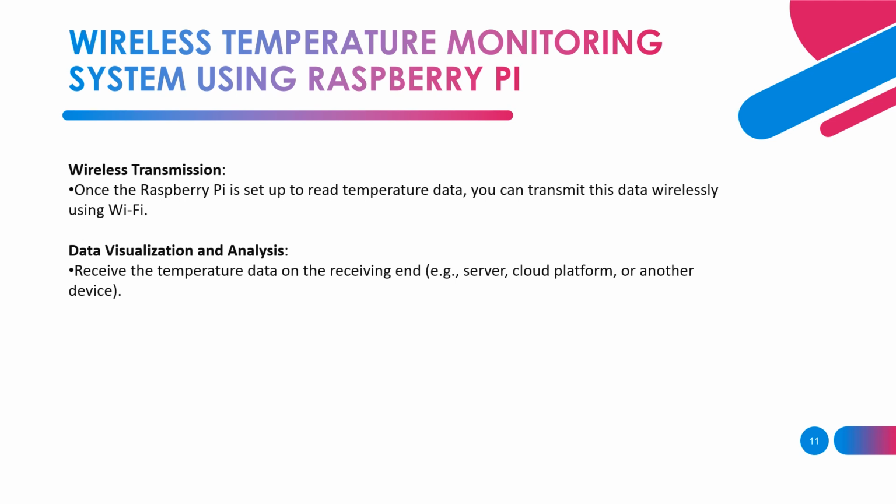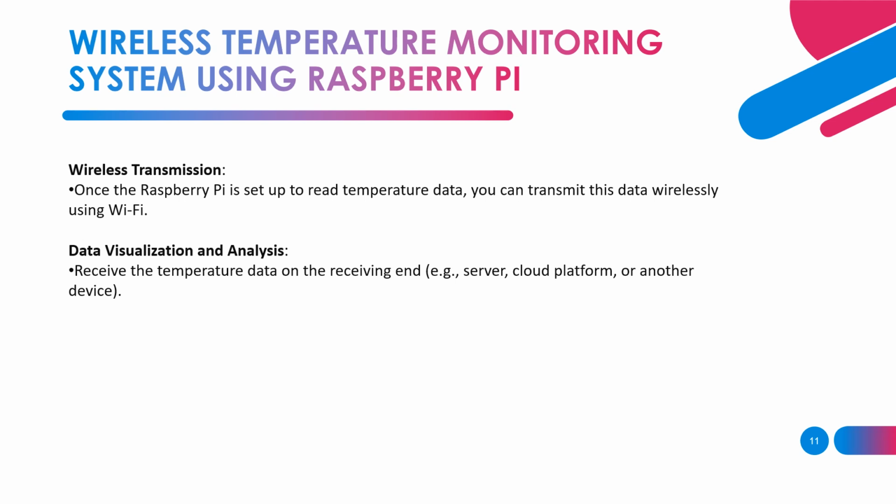Once the Raspberry Pi is set up to read the temperature data, you can transmit this data wirelessly using Wi-Fi. Depending on your requirement, you can send the temperature data to a remote server, a cloud platform, or another device on the same network. Implement communication protocols such as HTTP, MQTT, or custom TCP/IP protocol for sending data wirelessly.